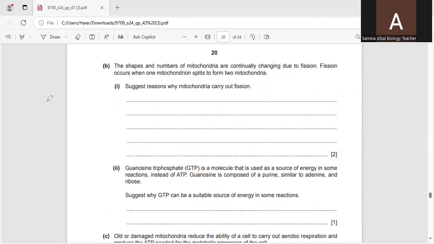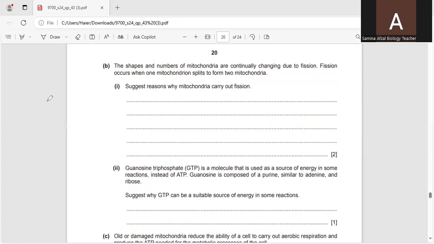Fission means the process of dividing into smaller mitochondria. There are many reasons for which these mitochondria carry out fission. First, a very important thing is that the cell divides.